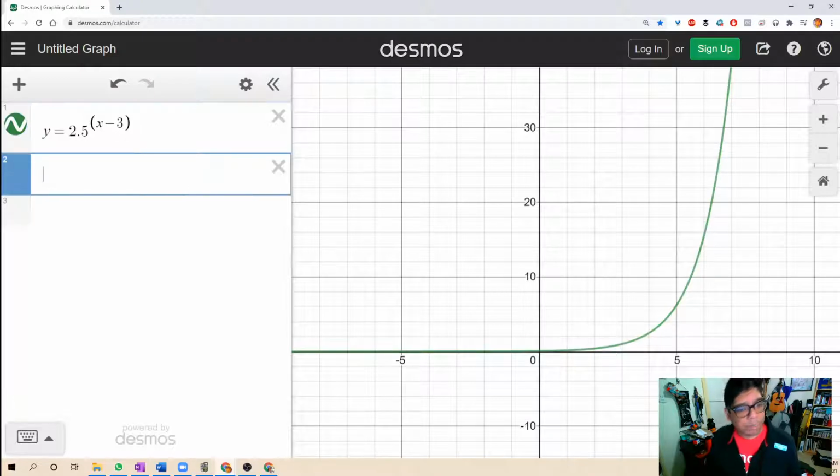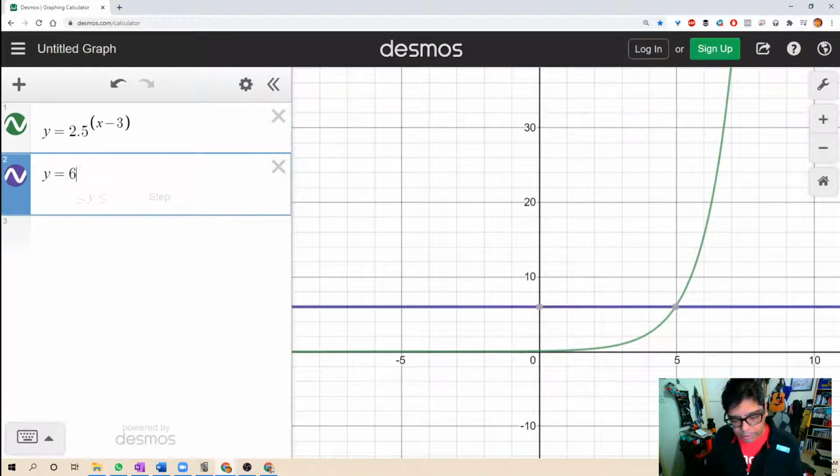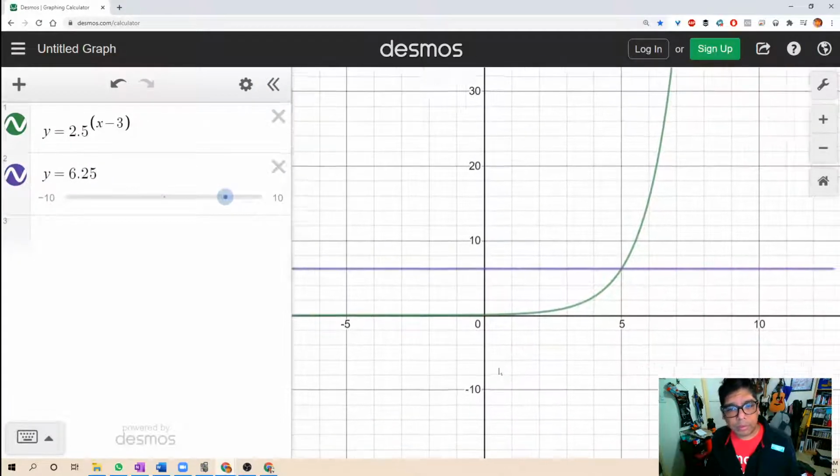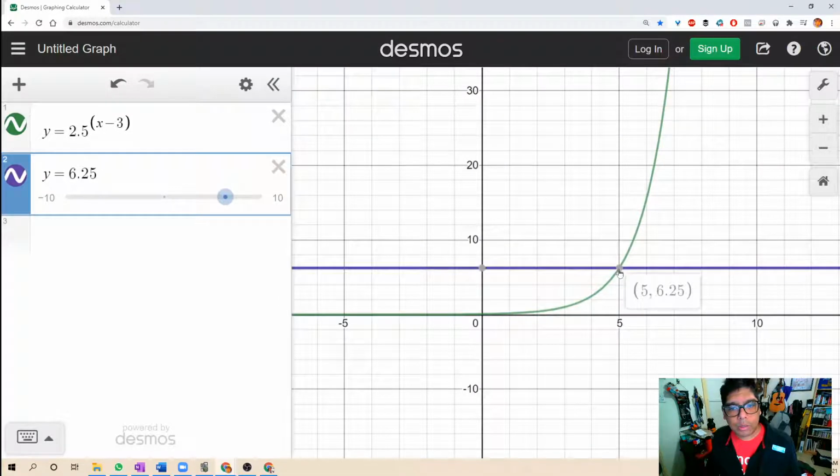The next one is going to be y equals 6.25, if I remember that correctly. Perfect. And then we just need to look for the intersection. There it is. Intersection point (5, 6.25).